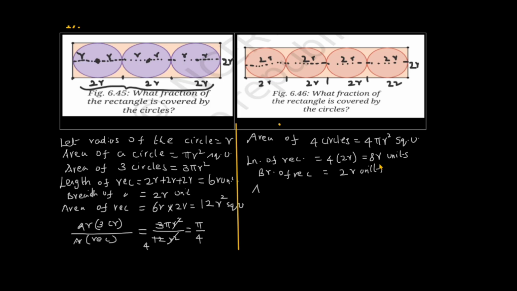So area of rectangle is equal to length 8r into breadth 2r is equal to 16r squared.